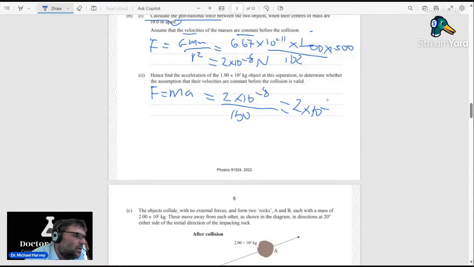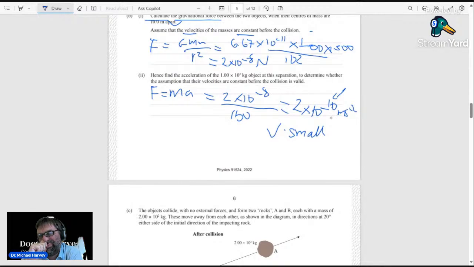Just simply Newton's law. And that's going to give you your acceleration. And the assumption that the velocity is constant is valid because the rate of acceleration is very small. It's times 10 to the negative 10, so it's very small. So we're pretty happy with that assumption. That should give you a merit.